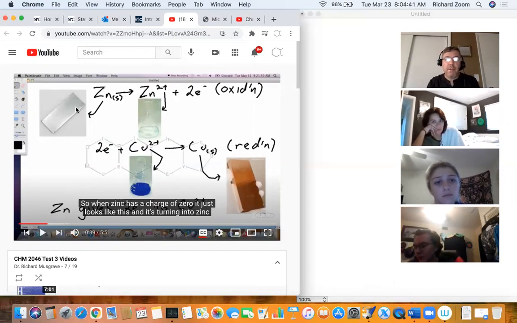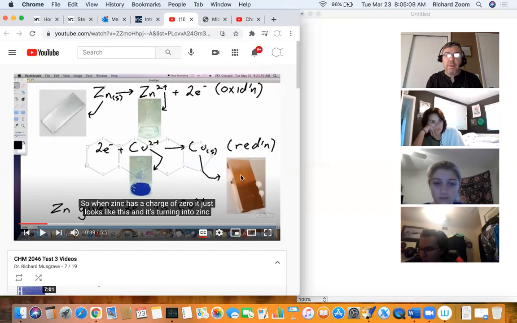So we've got the zinc electrode, which is a solid, and zinc looks like this. It's a silver metallic material. Zinc 2 plus is a solution. It's actually something dissolved in water, and you can see it's a clear colorless solution. Copper 2 plus is a blue solution, but it's again in water, and that's because it's an ion.